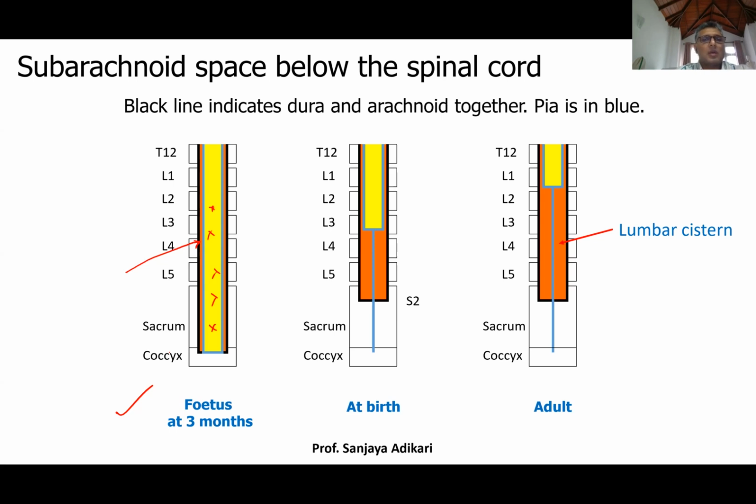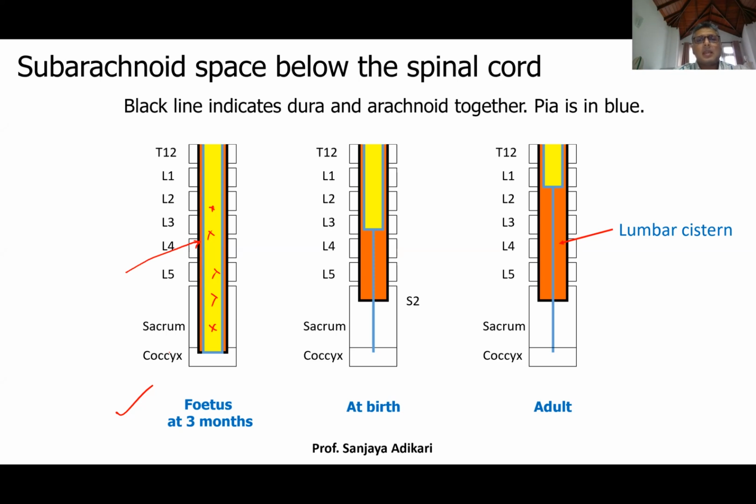It comes down all the way to the lower part of the sacrum, the spinal cord as well as the meninges. But during fetal life, there's rapid growth of the vertebral column. With the lengthening of the vertebral canal, the growth in length of the spinal cord cannot keep pace with the growth in length of the vertebral column.